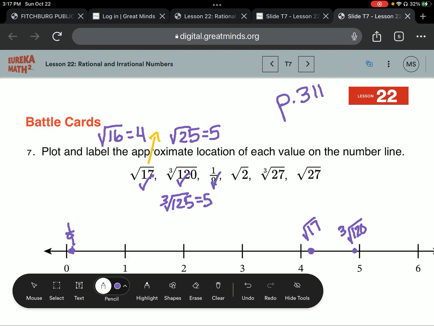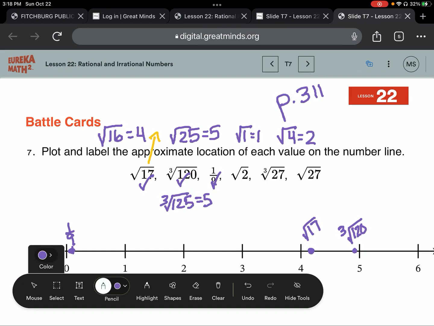The square root of 2. Is the square root of 2 a perfect square? No, don't get confused. A lot of times people think 1 and 1 is 2, but 1 times 1 is not 2. 1 times 1 is 1. So again, I'm thinking, what are the perfect squares around the square root of 2? Well, of course, the square root of 1. 1 is a perfect square because 1 times 1 is 1. And then 4 is a perfect square, and the square root of 4 is 2.